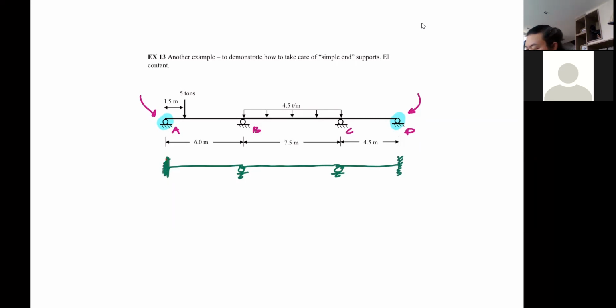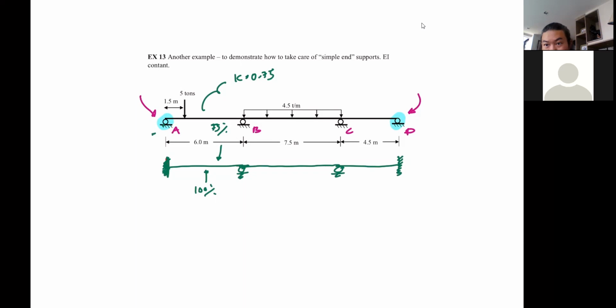The modification k equal to 0.75 tells you that this member AB, with a simple support at the end, is 75% as strong as this member. Let's say the stiffness of this member is set as 100%. The stiffness of this member, because of the simple end here, is only 75% of a member with full stiffness, because it has a fixed support here, and then this is a rigid joint.